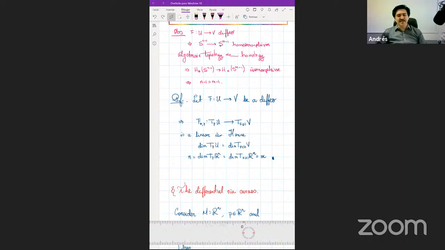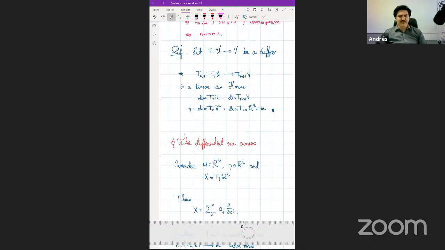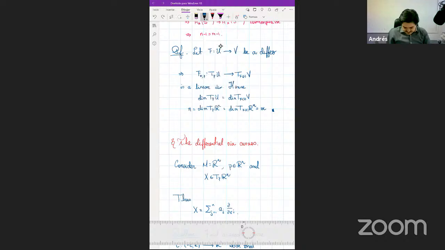So on Euclidean space, I take a point and a tangent vector, for instance, that one there. Because we are in Euclidean space, we have the canonical coordinates, x1 up to xn, and also I have a canonical basis on the tangent space.